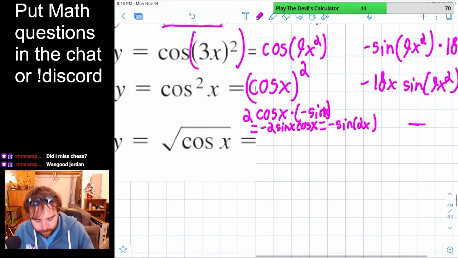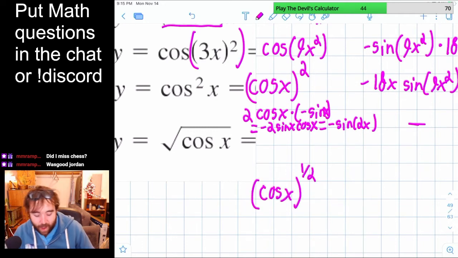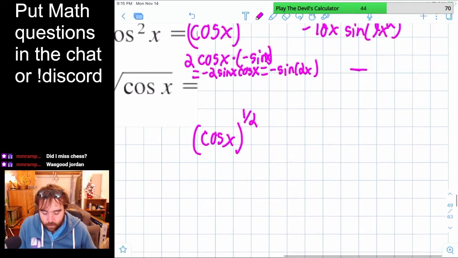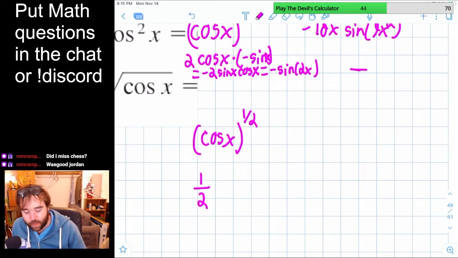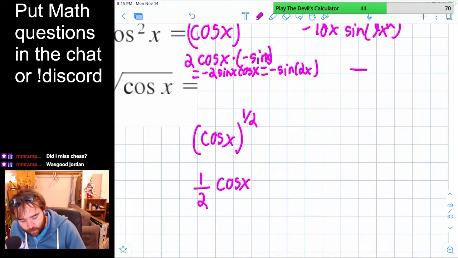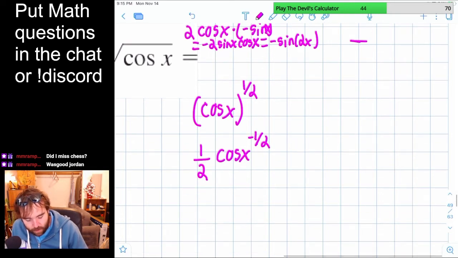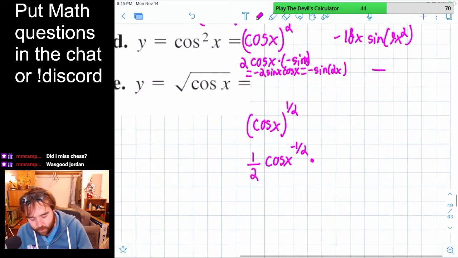Now the next one we're going to do similarly, because we're going to rewrite this as the cosine of x to the 1/2 power, and then we'll just roll with the power rule. So we'll bring the 1/2 to the front. Inside stays the same, so cosine of x to the negative 1/2 times the derivative of the inside, which is negative sine.